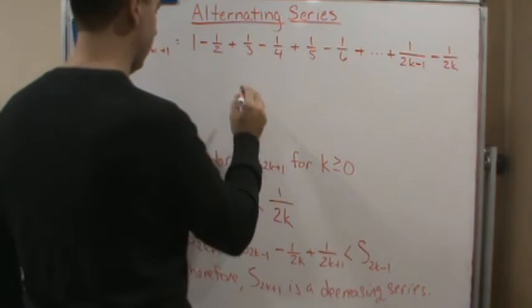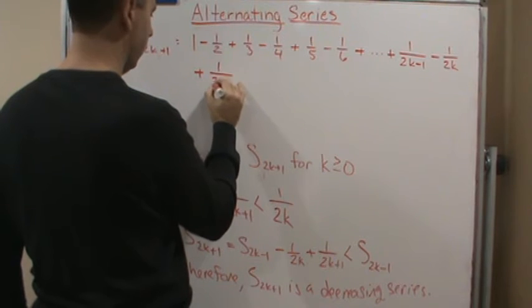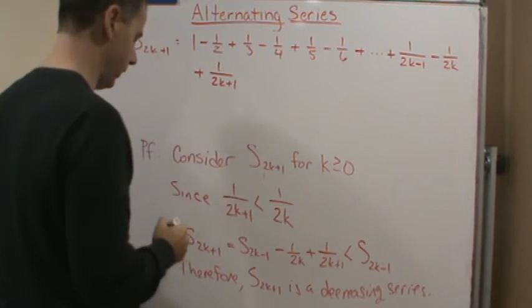And then it stops here at 1 over 2k plus 1. Okay?